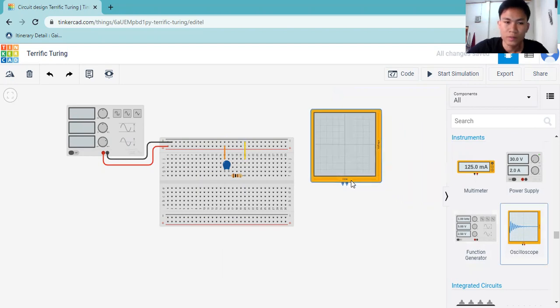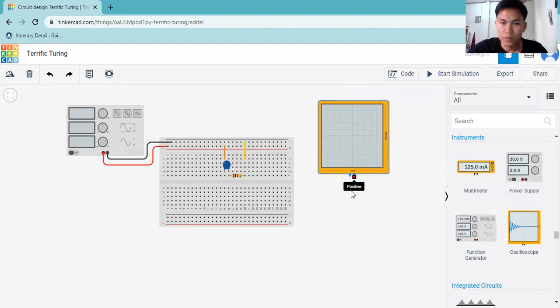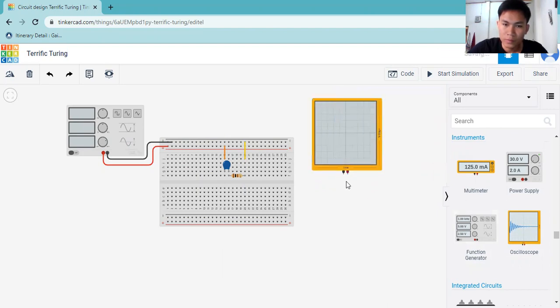We need to measure the voltage across the resistor.